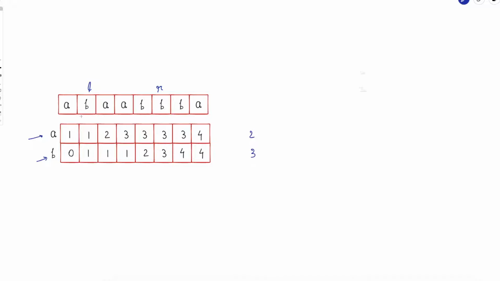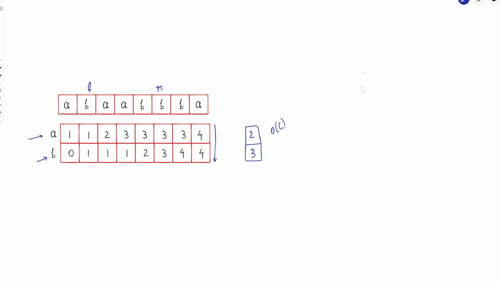So instead of iterating over everything between L and R, what you're doing now is simply iterating over every character. For every character you are simply subtracting 2 numbers to get your final value, right? So to get the frequency of every character between L and R, you now just need order C time.